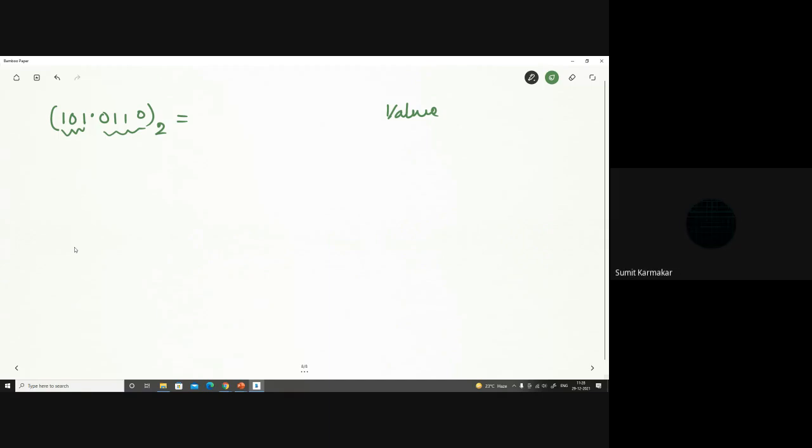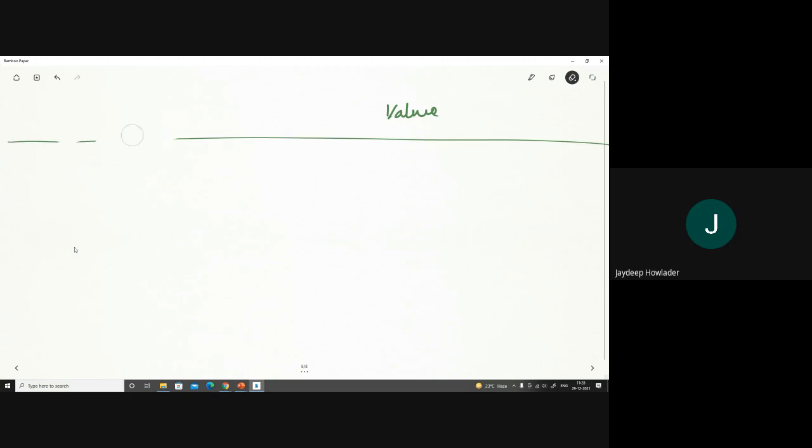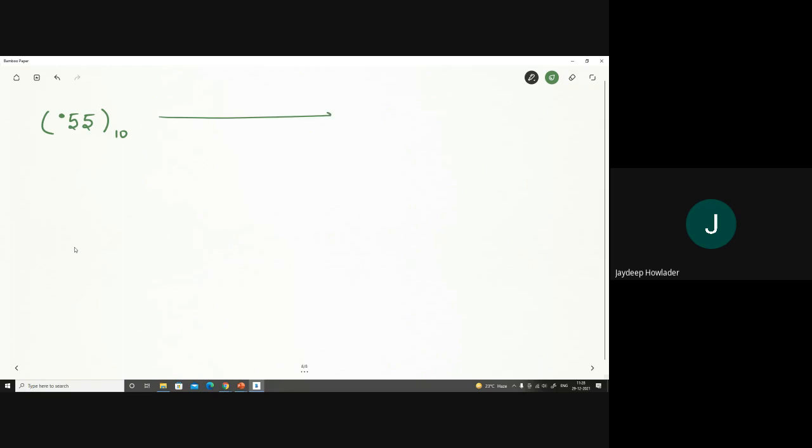Now think that I have a representation in the decimal. Say I have given you a number which is 5.5, in the decimal. And now I want to convert, or translate, this into the form of a binary, base 2.